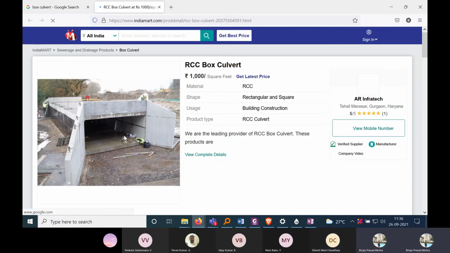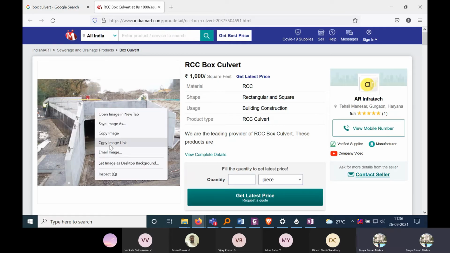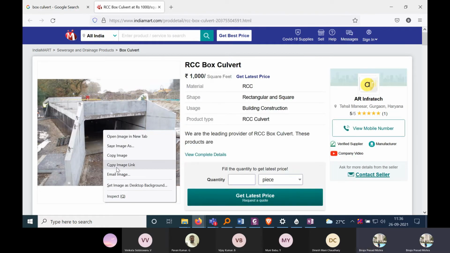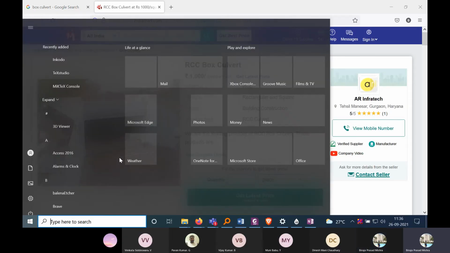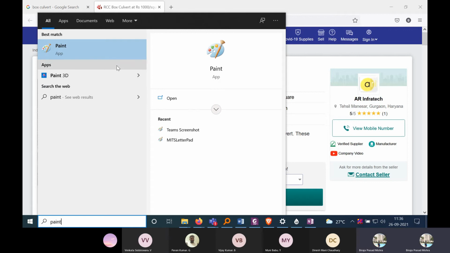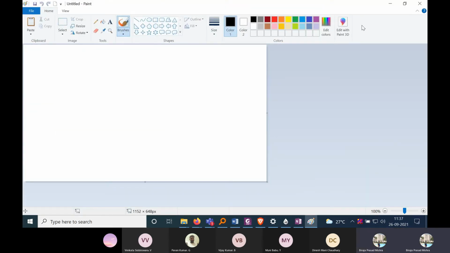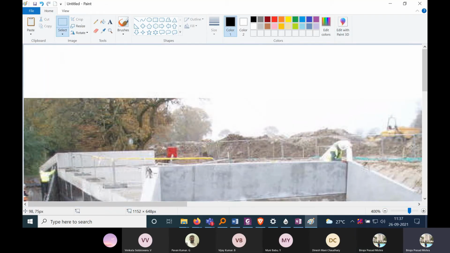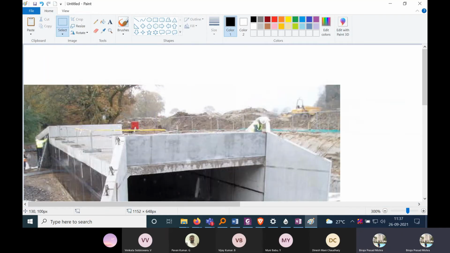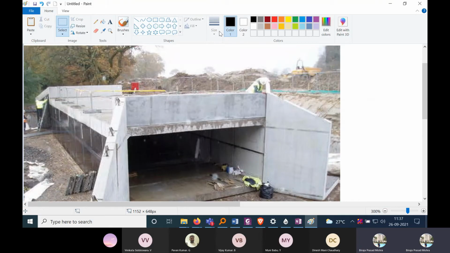So see now this one, I'll copy the image and paste it in Paint here. I'll just zoom this. Now see this one. Here this top slab is made up of concrete.